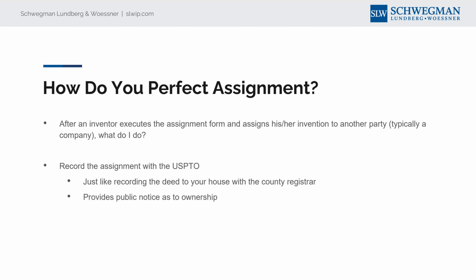If you're in a position where you're trying to sell your IP, this is one of the first things that will be examined during a diligence operation, to make sure that it is in fact assigned, and that there's a clean chain of title going from inventor to whatever company is trying to sell this. You just don't want gaps in ownership, so that something bad like Ethicon can come up.